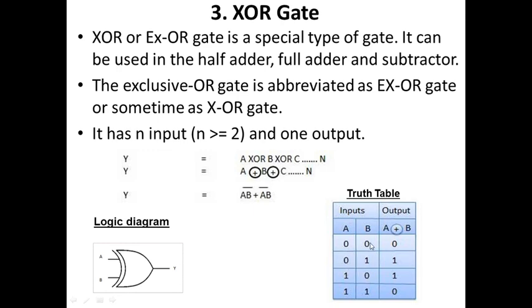If the inputs are same, the output becomes 0. I repeat, the output of this gate is 1 when both the inputs are different. If the inputs are same, then the output is 0. So the logical equation becomes, it is actually A B bar plus A bar B.